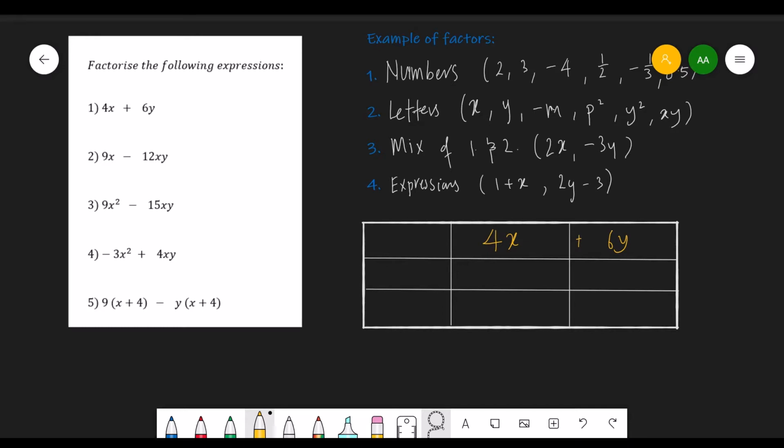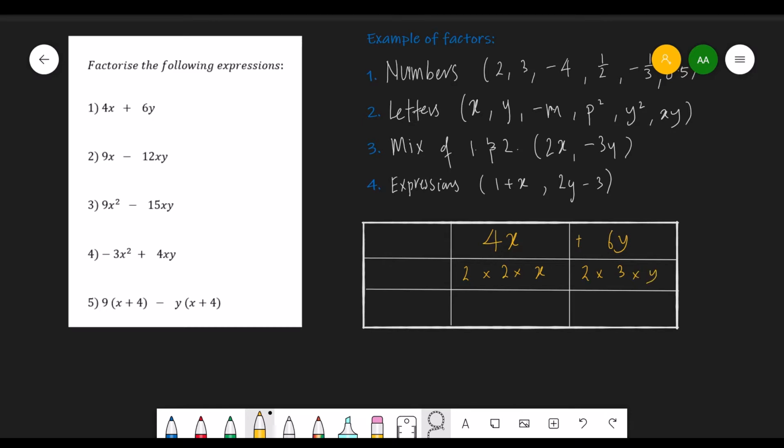What makes up 4x and 6y that we want to know? It will be broken up into these boxes. So 4x is made up of 2 times 2 times x. 6y is made up of 2 times 3 times y.